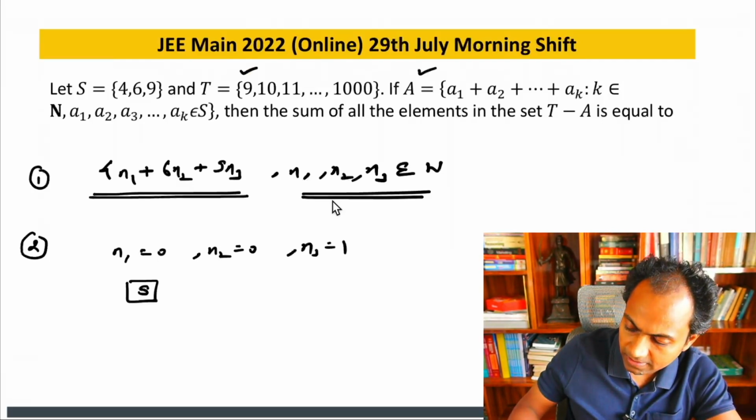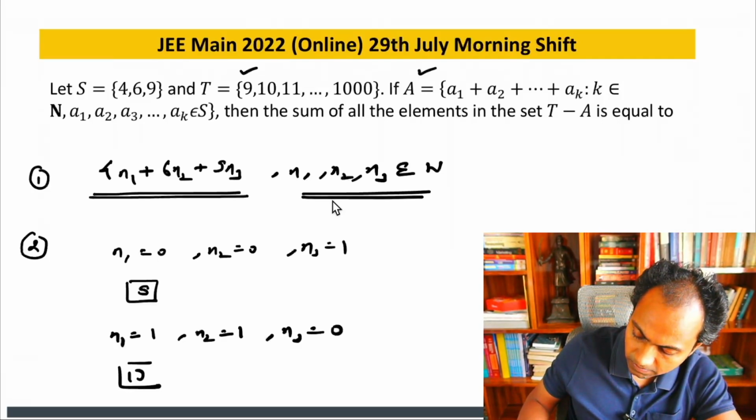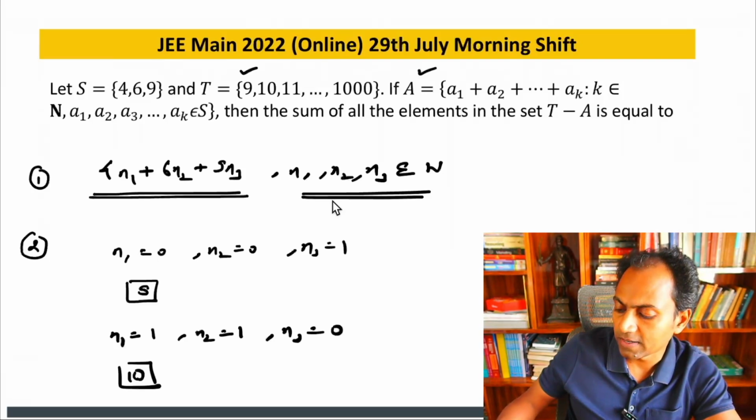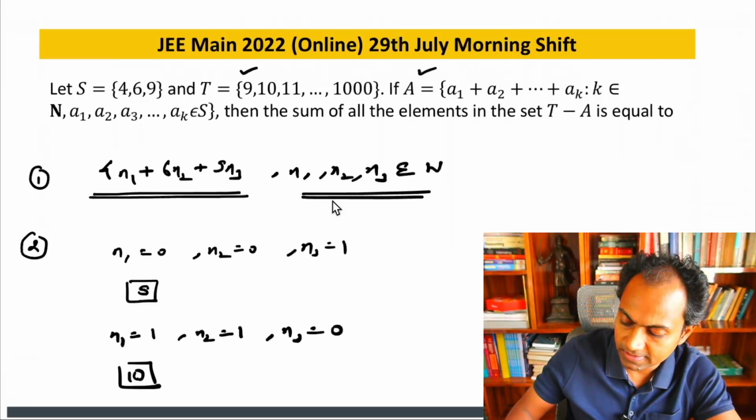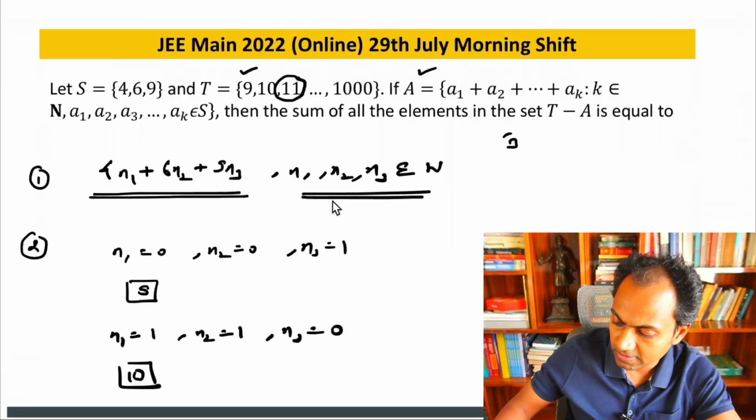For getting 10, we can have 1, 6 and 1, 4. So if I put n1 is equal to 1, n2 is equal to 1 and n3 is equal to 0, I will get 10. Similarly, you will observe that we can get all the elements in T except this 11. So when you find T minus A, only one element is left, that is nothing but 11.